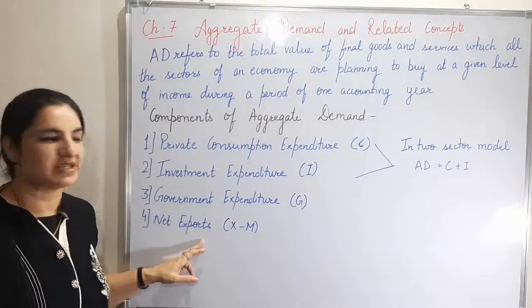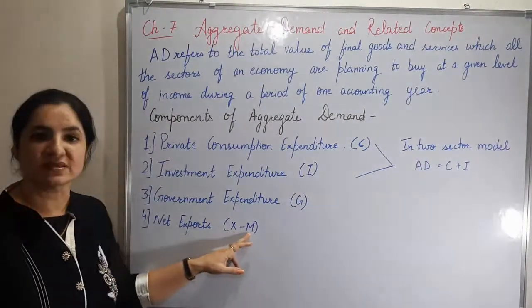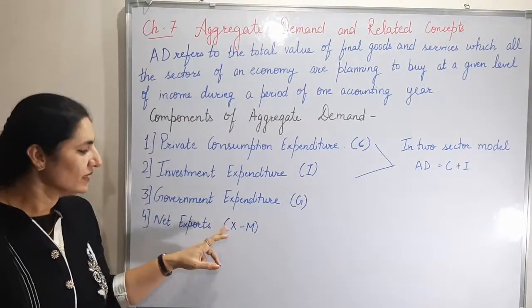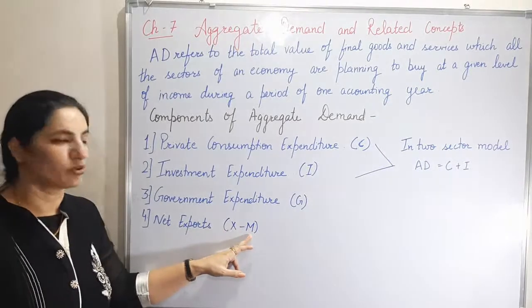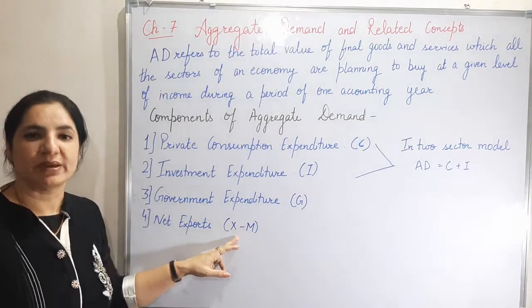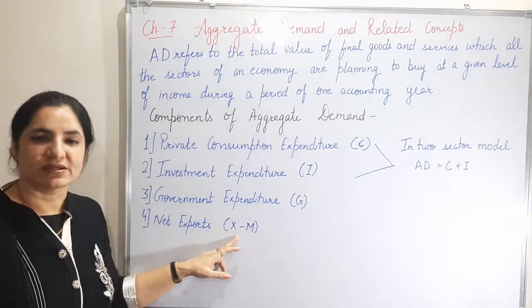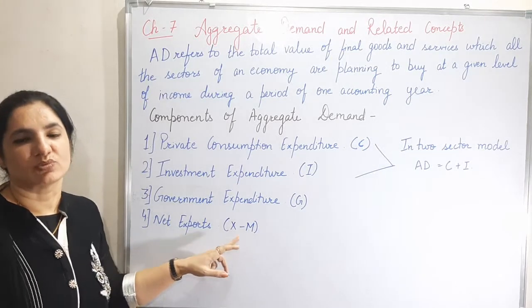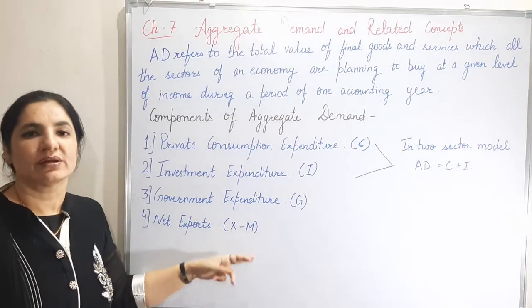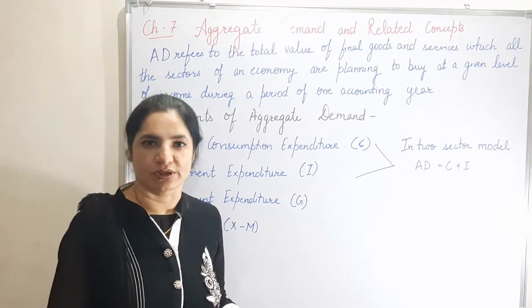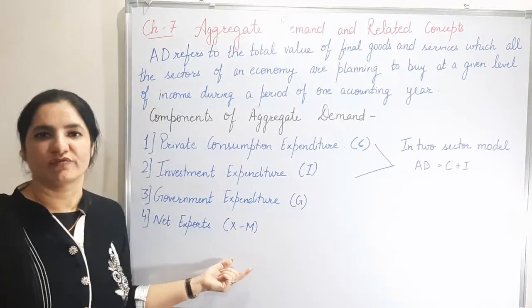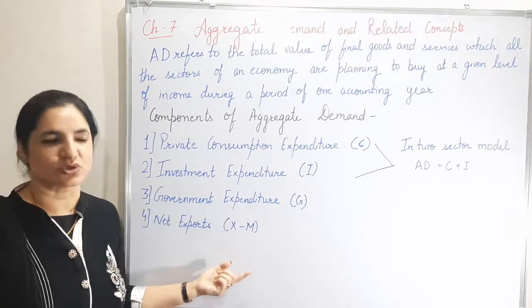Net exports means export minus import. Export is represented by X and import by M. This is the payment or receipt made outside the country or received inside the country from abroad for the value of goods and services purchased or sold.